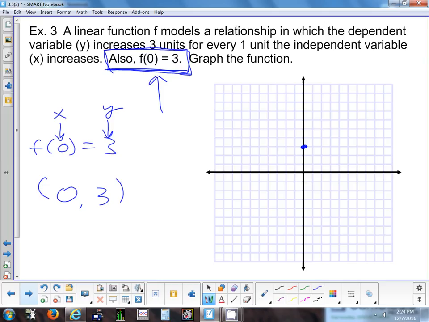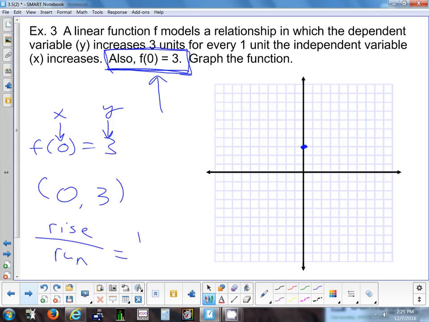Now, let's read back what it says about the slope. It says the y goes up by 3 every time the x goes up by 1. Is the y my rise or my run? That's my rise.